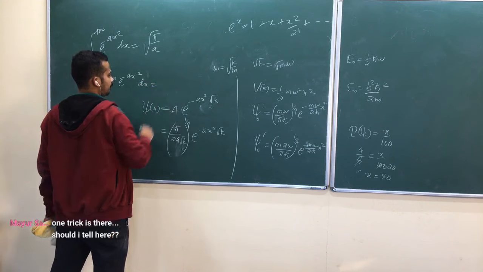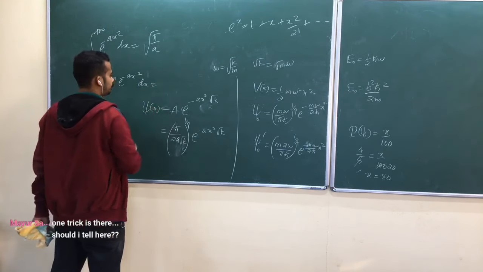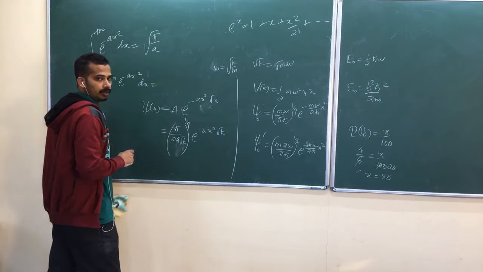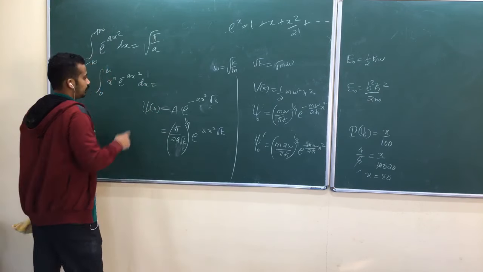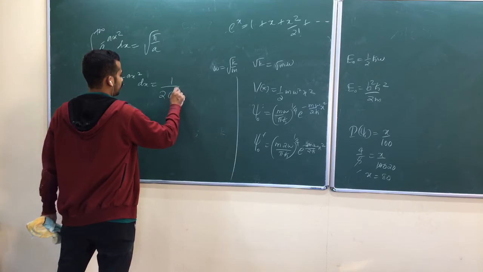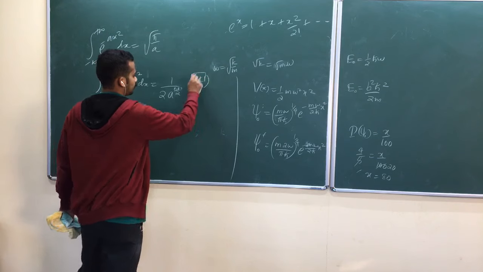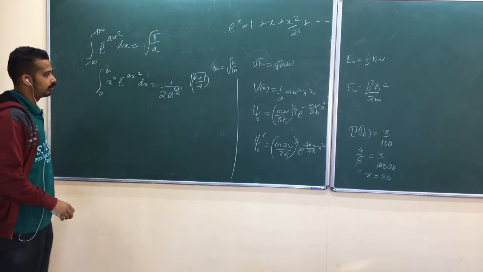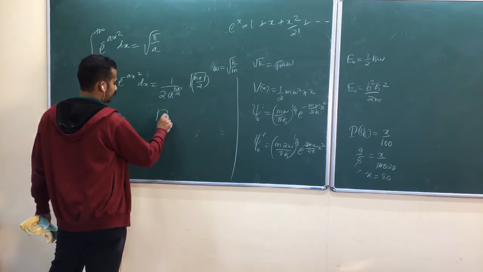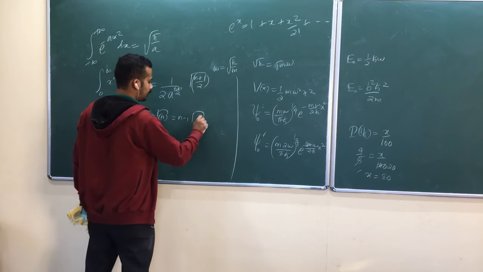What is this one? It is 1 by 2 into a power (n plus 1) by 2, gamma of (n plus 1) by 2, where gamma of n is equal to (n minus 1) gamma of (n minus 1).